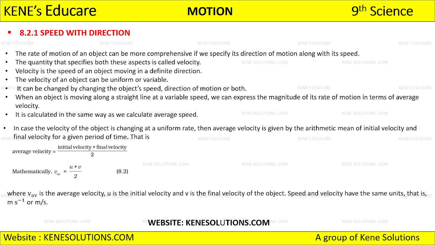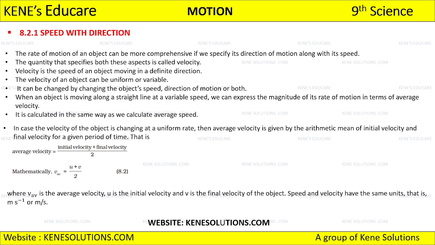Motion of an object is just a moving object, but when it moves in a definite direction along with a definite speed, that becomes the velocity. What is velocity? Speed of an object moving in a definite direction.